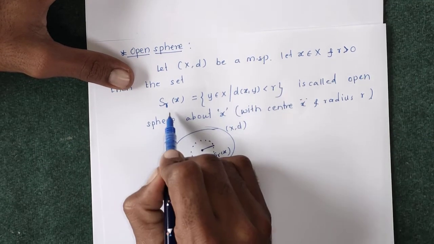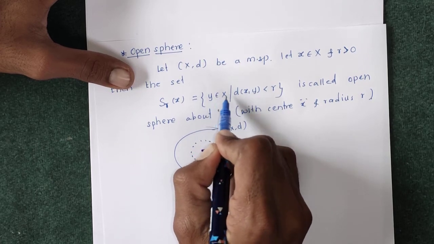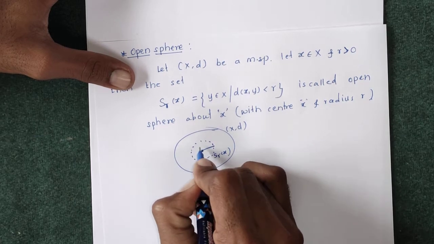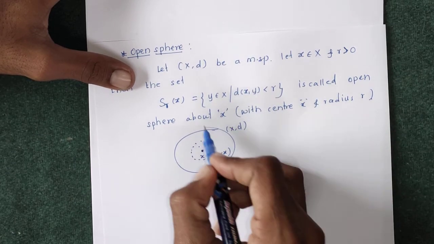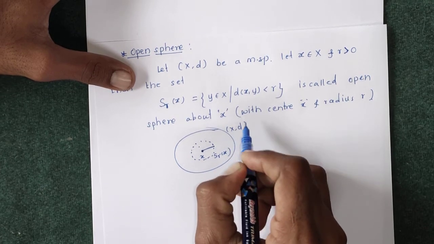The elements of S_r(x) are the elements of X. So the elements of the open sphere are the elements of X, because this whole thing is going on in the metric space (X, d).